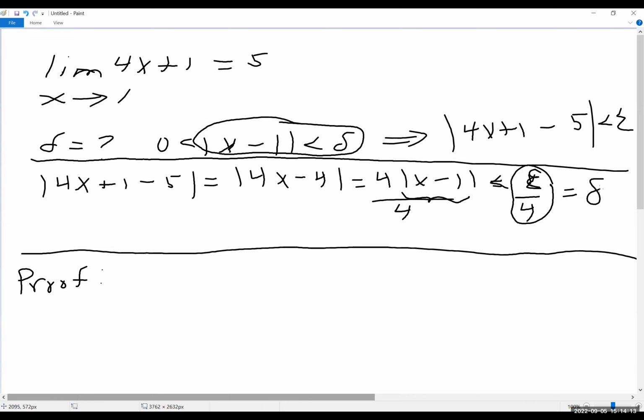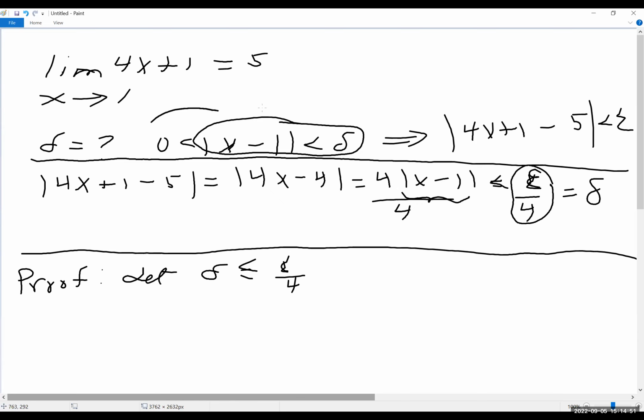Okay, and so what I do here then is I let delta be less than or equal to epsilon over 4. And then I'm going to go ahead and do the proof and start off with my assumption.